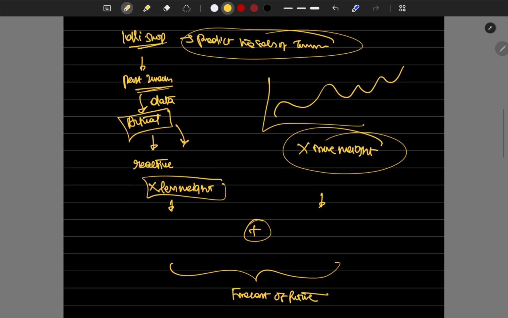I hope you have understood the logic. I want to predict the sales of tomorrow. I have the past 2 weeks data and the trend data for this period. As a rational person, I don't believe in the reactive sales happening day to day; I mostly believe in the trend.